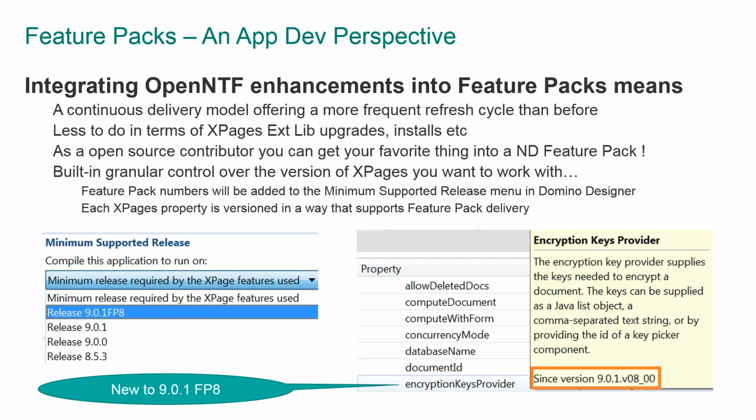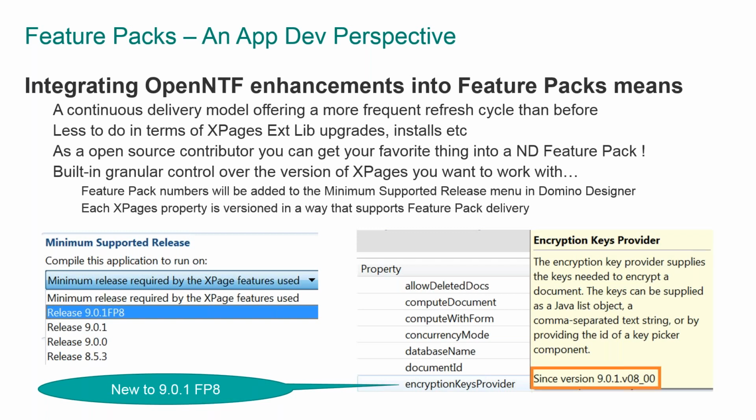V08 represents the feature pack number there, and indeed we can have other update releases from OpenNTF between Feature Pack 8, let's say, and Feature Pack 9. Then you could have a V08.01, .02, .03, and so forth. So because of the very granular versioning mechanism, we can continue to innovate between feature packs on OpenNTF.